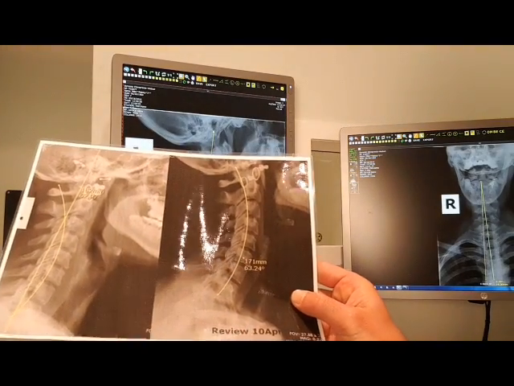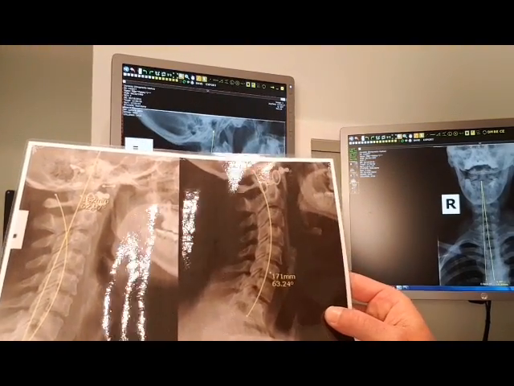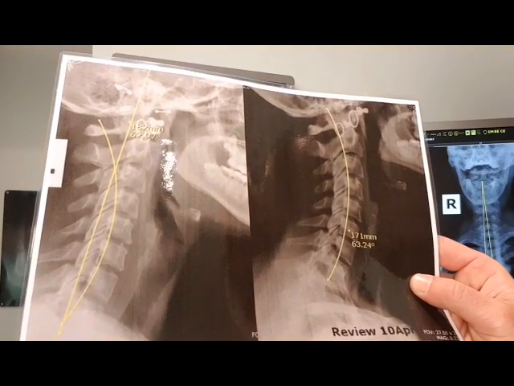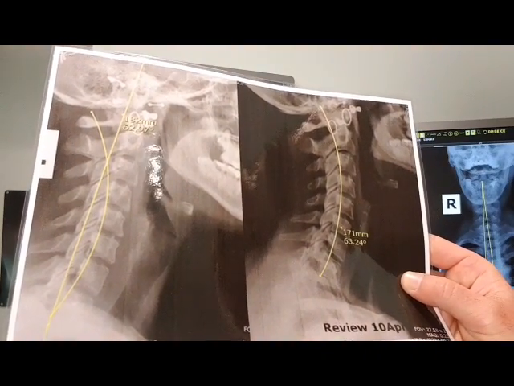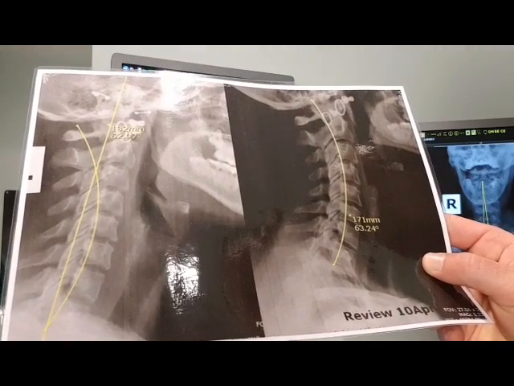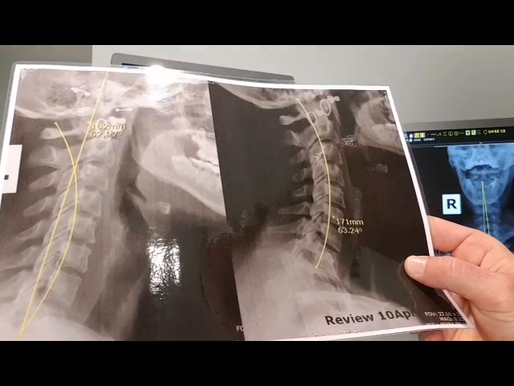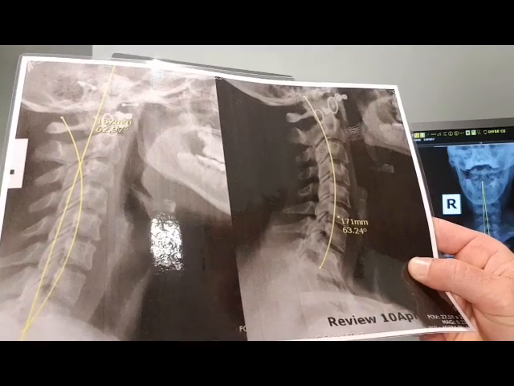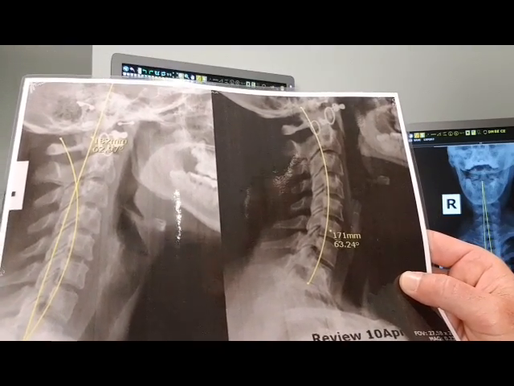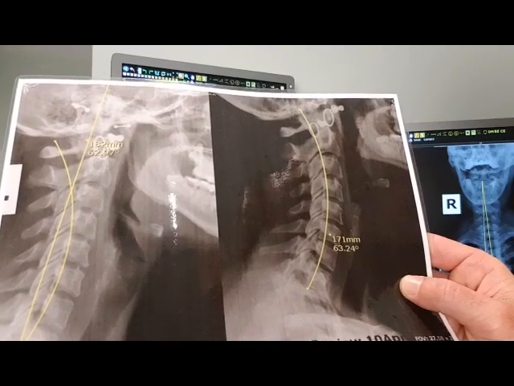On the left-hand side picture, we've got a before, and that shows a very straight curve. We've also got the yellow line in there just to show what it potentially could look like, or what it should look like. And then on the right of screen, you can see the improvement that we did see after a period of, I think it was about 8 weeks in this particular client's case.